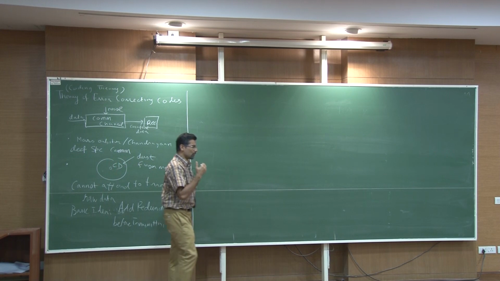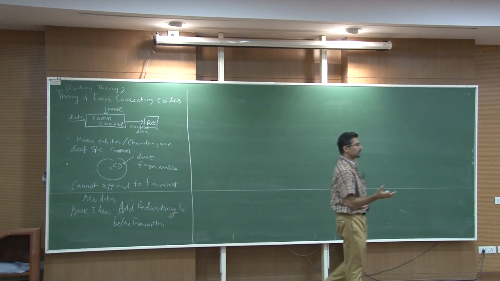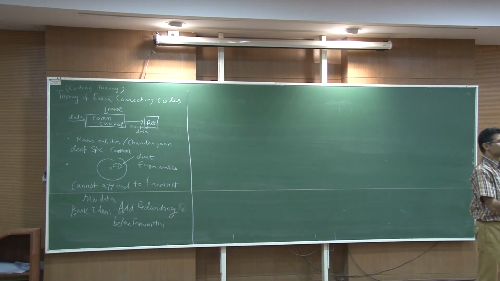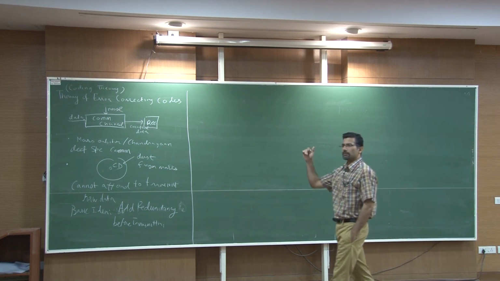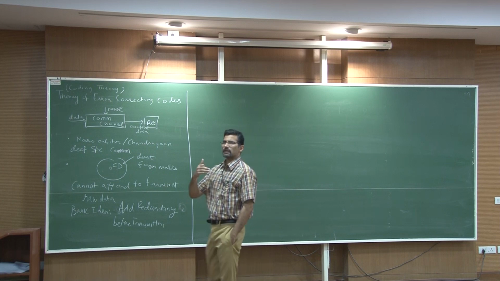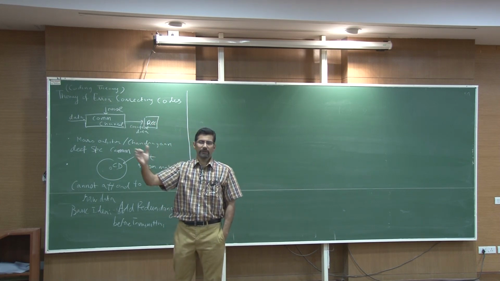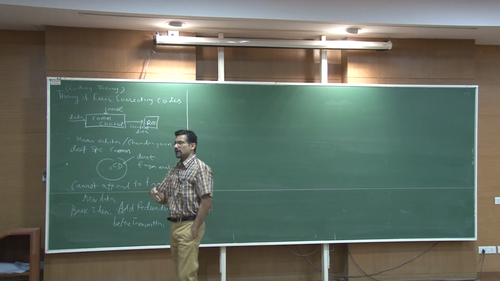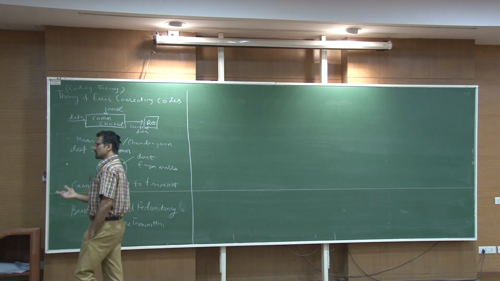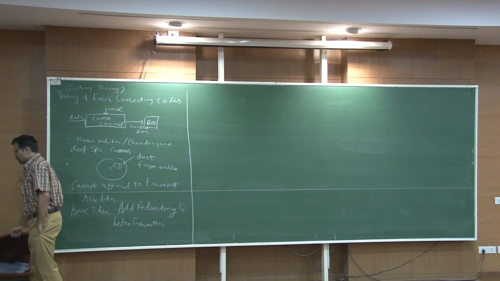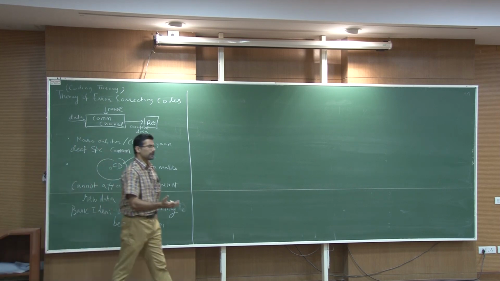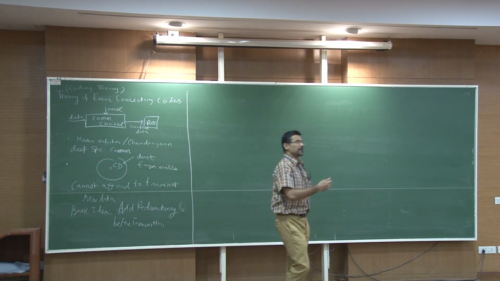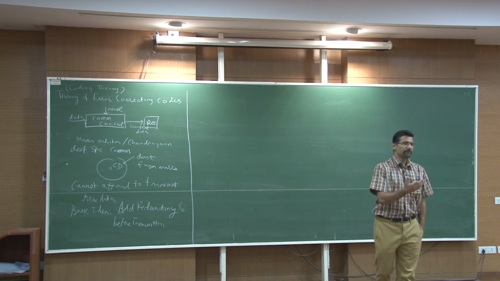The most naive example of adding redundancy is repeating yourself 3 times, 4 times, so the message gets across even in the presence of noise. Suppose I want to reach you and there's a lot of noise. If I repeat myself twice or thrice, chances are you will get the message. But how do you make this efficient is the question. If I keep on repeating myself, I will get the message across, but it's very inefficient.